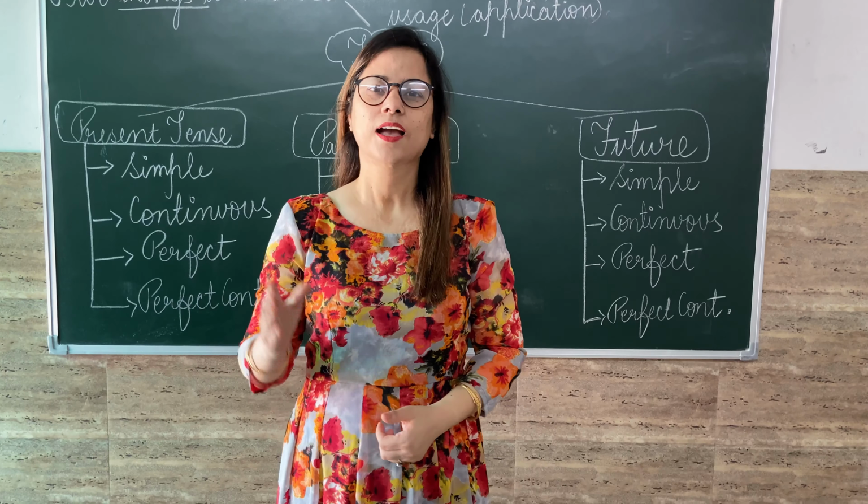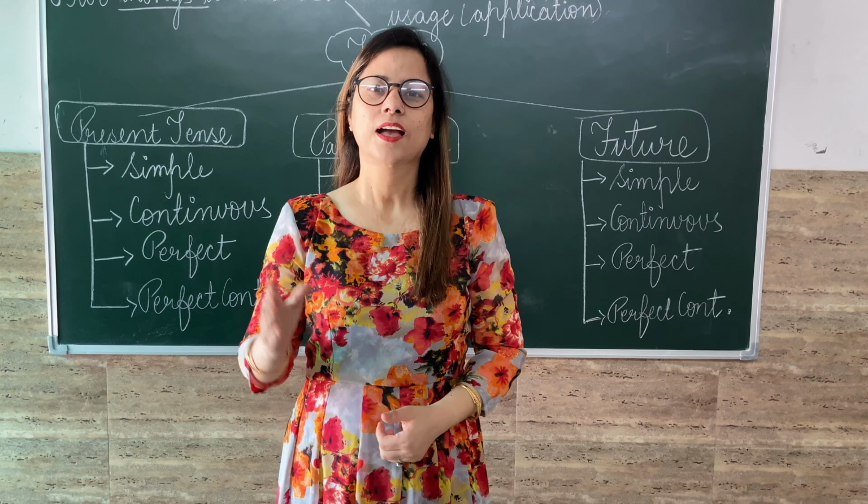Now let's move to the next tense. This is called present continuous tense or present progressive tense. As the name suggests, it is the action that is in continuity, that is in progress. That's why this tense is called progressive or continuous. Now let's have a look at its rule.